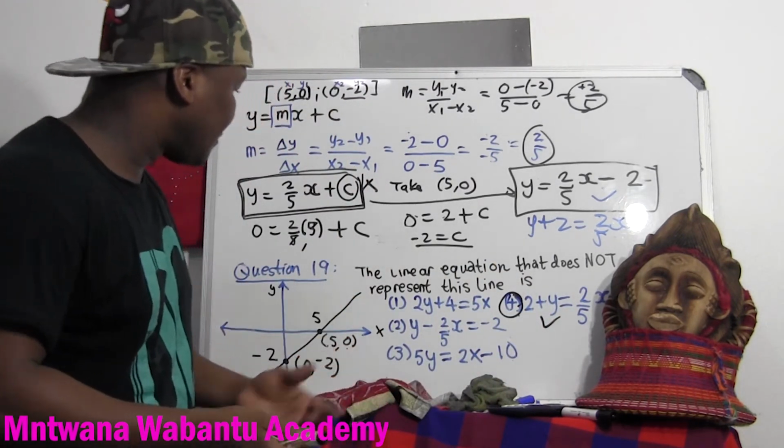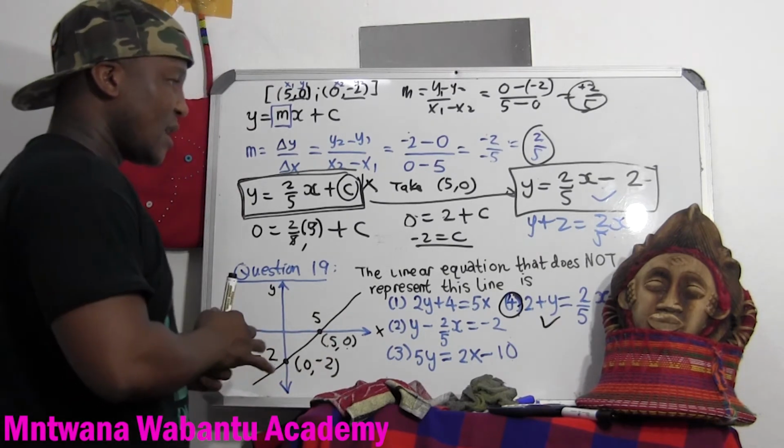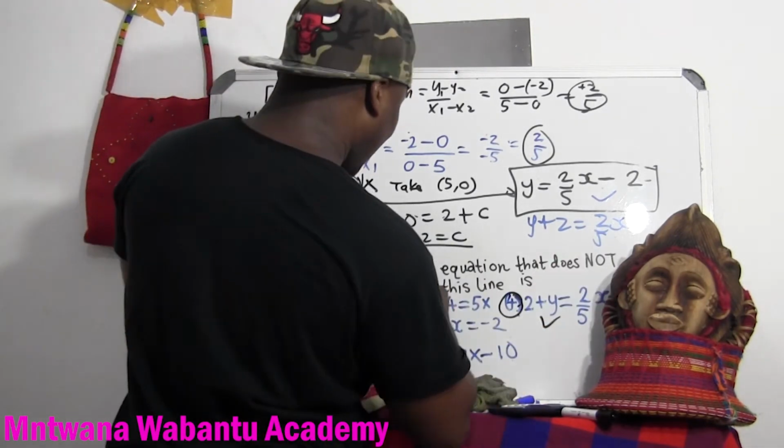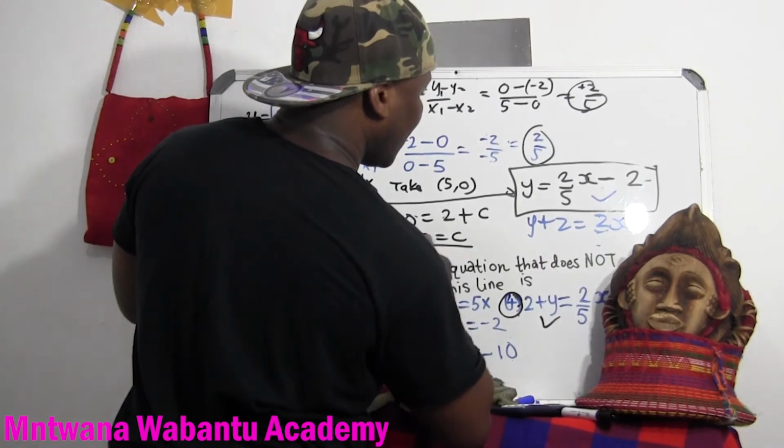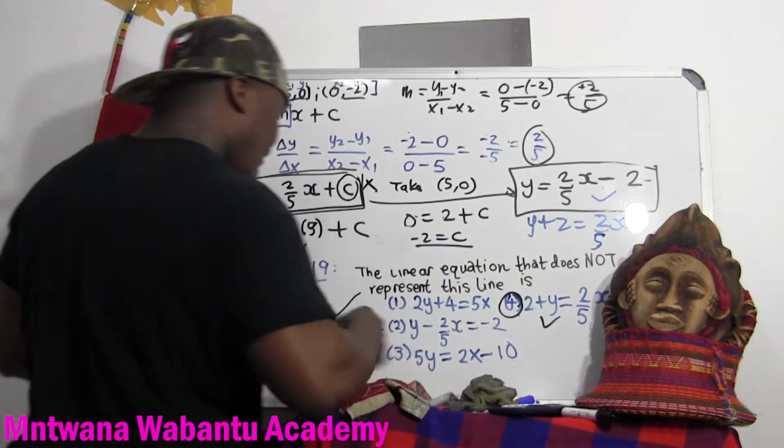Now, let's see another way you can do it. Look, if you multiply, this is 5 here, right? It's 5. Look, let me just erase here and then I'll show you some.